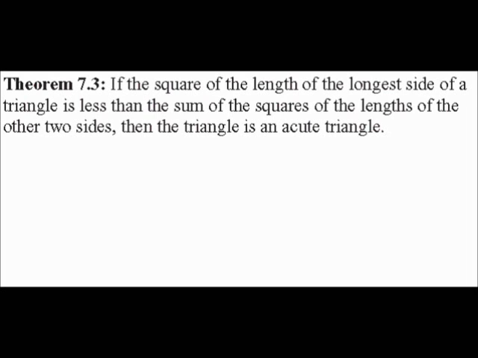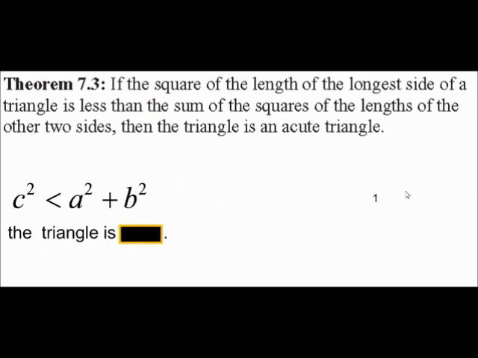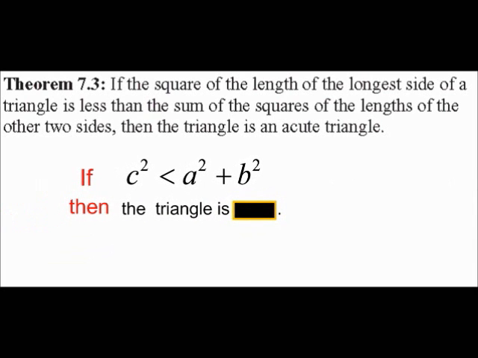Let's take a look. Let's make this a little simpler for you. It says this. If c squared is less than a squared plus b squared, then the triangle is acute.